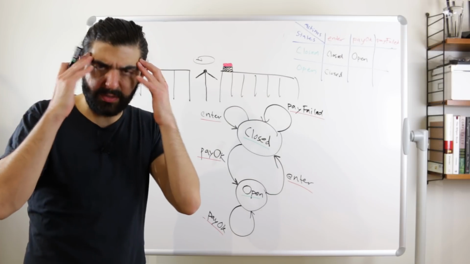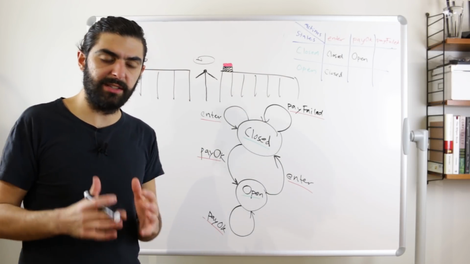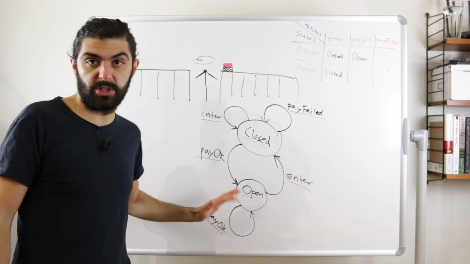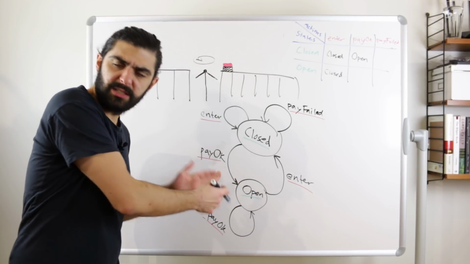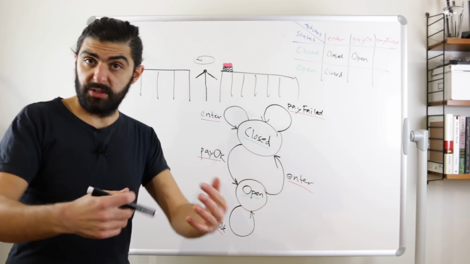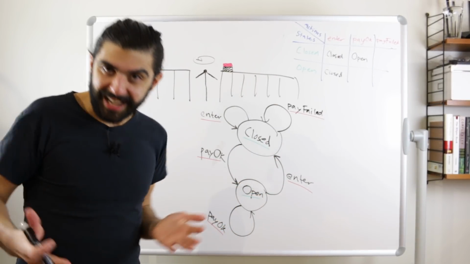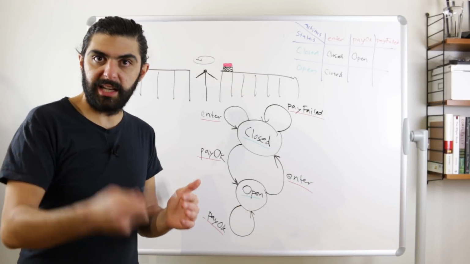Then I have to think about, okay, how does my application handle this? How will my application handle the fact that we get this message even though we were not expecting it at this point in time? Because we were now in an open state and we're not expecting to receive this payment was okay. We're like, what payment? Why did you send me this? But if it happens, then we shouldn't suddenly close the turnstile, as we talked about before.